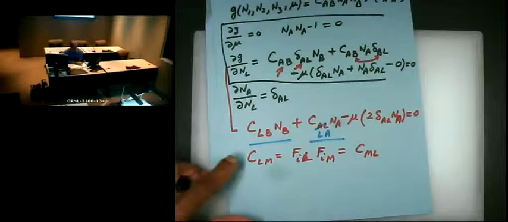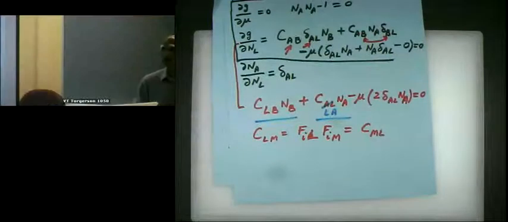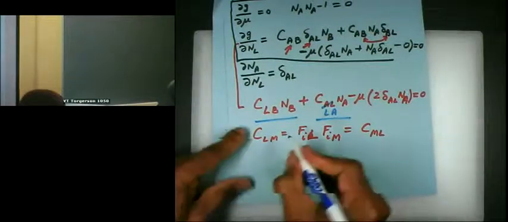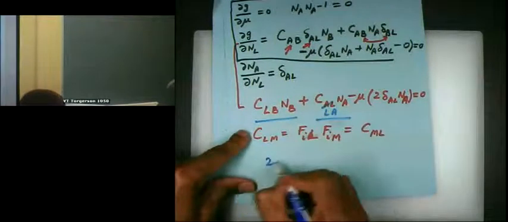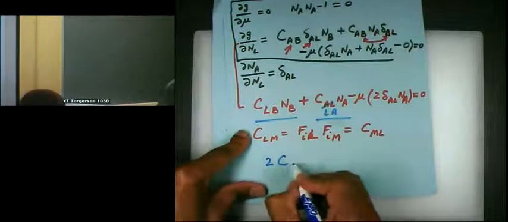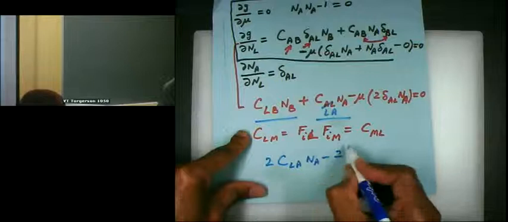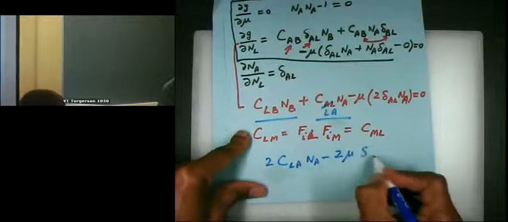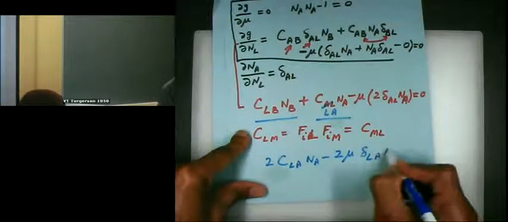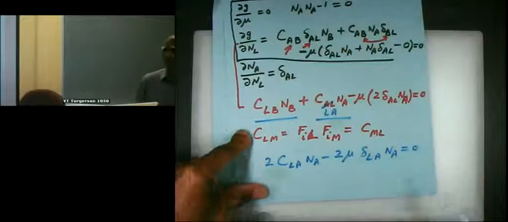They are the same terms, so we could just add them up. If we add them up, we get twice C_LA N_A minus twice mu delta_LA N_A equal to 0. Delta_AL is the same thing as delta_LA.